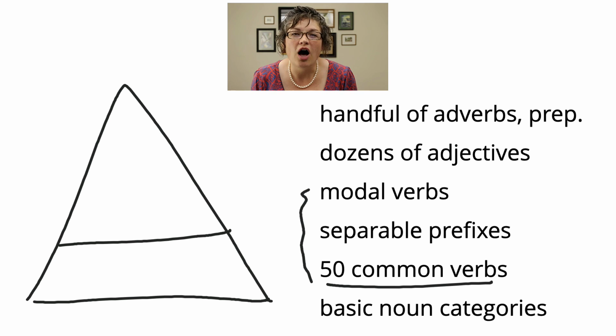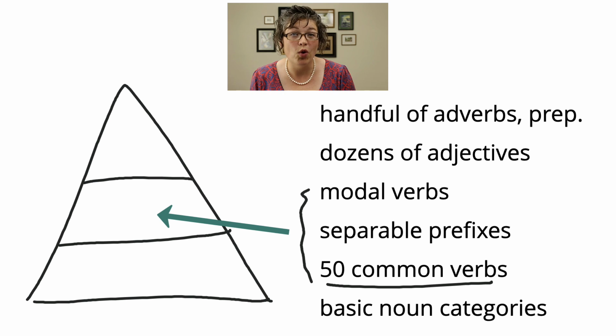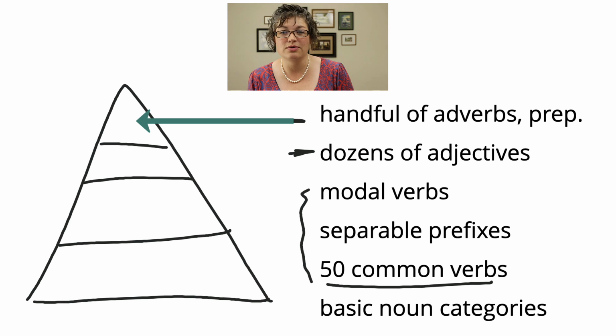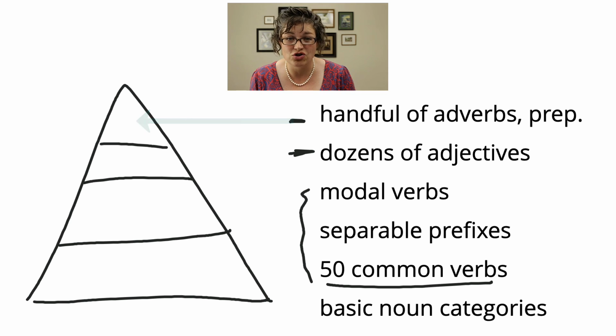About 50 common verbs, and you need to think in terms of learning the verb to eat, but saving verbs such as to nibble, to snack, to munch, etc. for down the road. Okay, but then you also need to learn what are called modal verbs and verbs with separable prefixes. Then after that, we need to add in a few dozen basic adjectives and then a handful of other types of words, adverbs and prepositions.